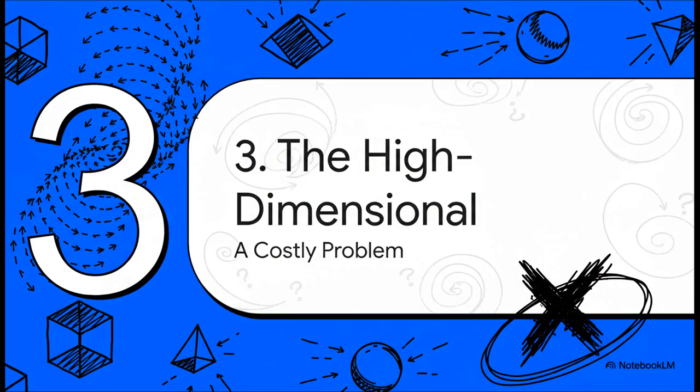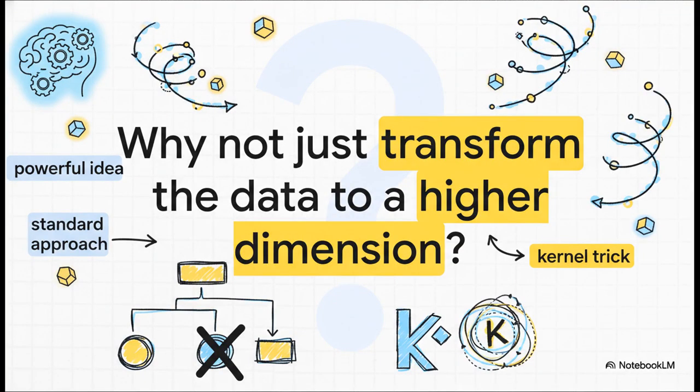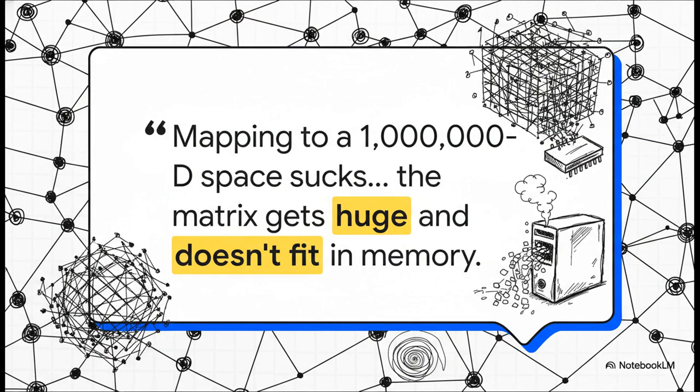Okay, this seems like the perfect solution, right? I mean, anytime you have a tricky problem, just bump it up to a higher dimension. But as you've probably guessed, there's a catch, and it's a big one. This is a seriously powerful idea, so why don't we just do this all the time, for every single machine learning problem? Well, this quote just nails it. The problem is the sheer cost of doing it. This new, higher dimensional space can be absolutely massive.